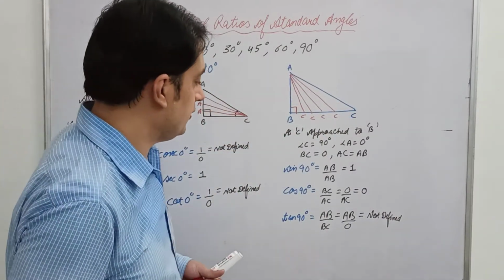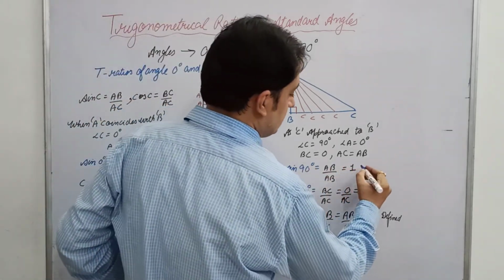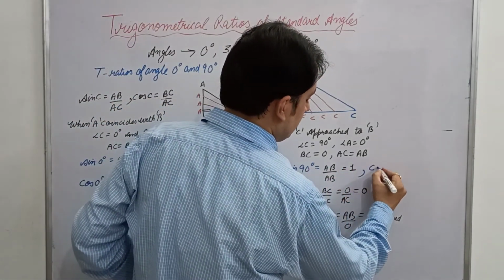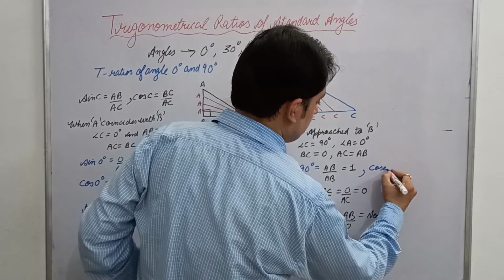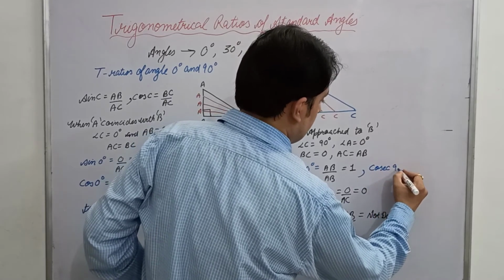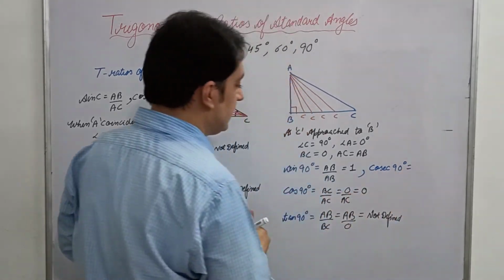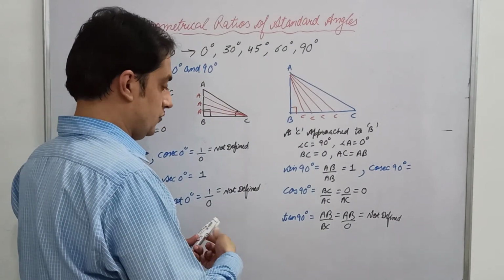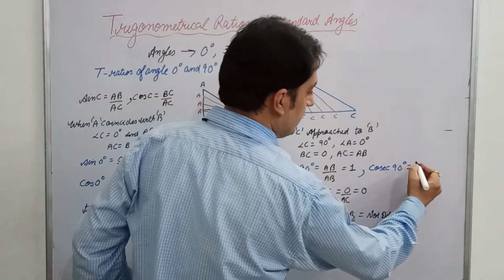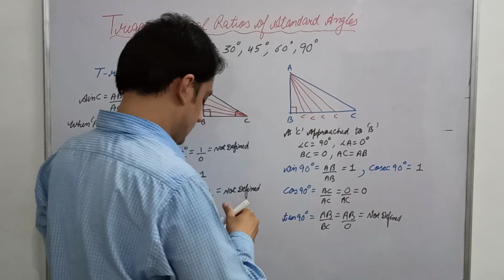Now you can find the value of their reciprocals. You just take the reciprocal of the values, that is cosecant of 90 degree. You can directly write the value of cosecant 90 degree, that is the reciprocal of 1, which is again 1. Right.